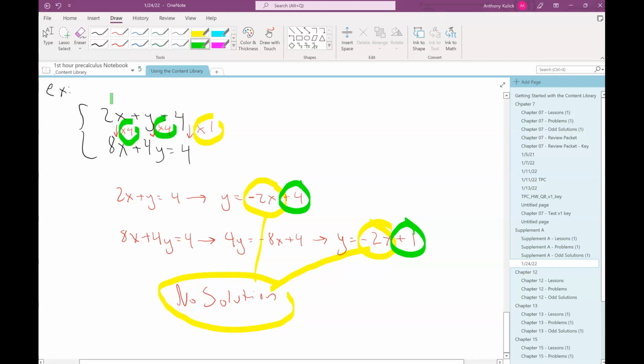So if the x and y's are the same factor, but what it equals is not the same factor, then again, I know that this is no solution. And I can do that without having to draw anything or rearrange anything. I can just take a look at what I have.